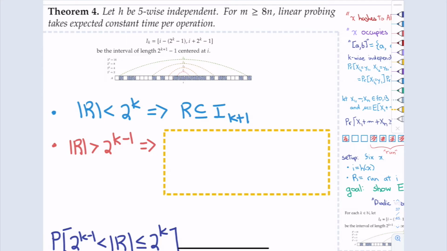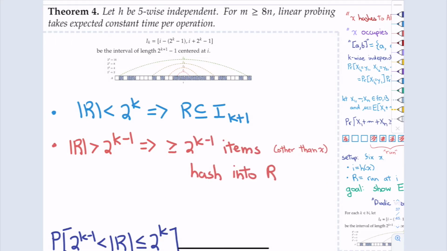On the other hand, if the run has size at least 2 to the k minus 1, the first thing I know is that at least 2 to the k minus 1 items hash into R, and in particular hash into I sub k plus 1.